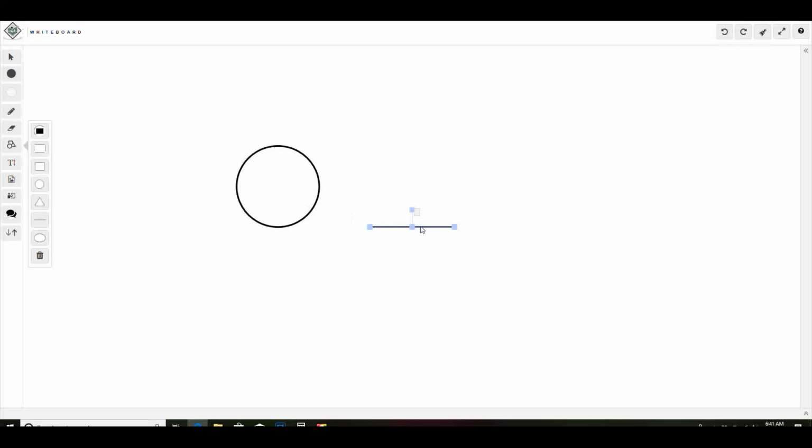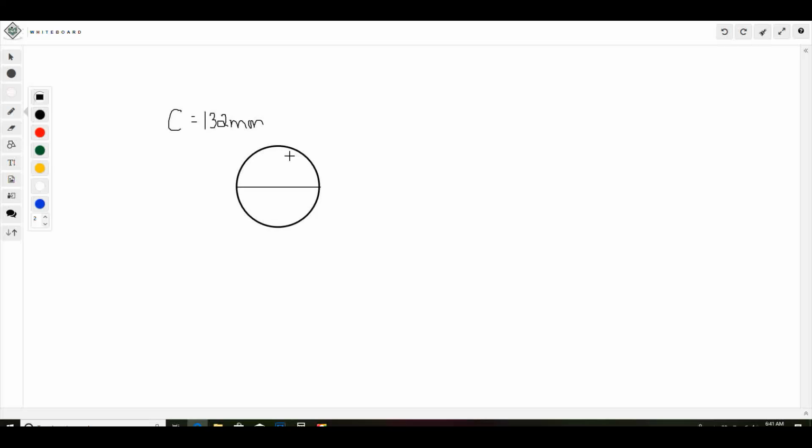All right, let me move this little doohickey right here. There's our little diameter. So remember, the circumference of this one was 132 millimeters. Now remember, the circumference is the measurement around it.